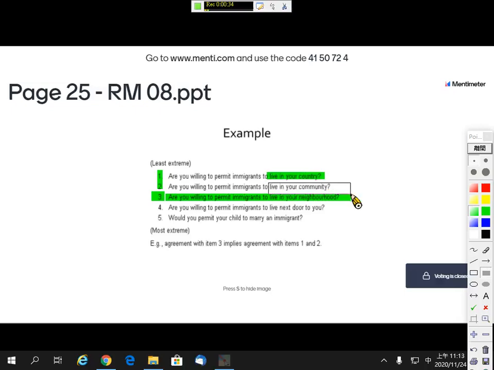Is that right? If you are able to agree to number 4, that you permit immigrants to live next door to you, then in your country, in your community, in your neighborhood should be no problem. Is that right? So this is 1, 2, 3, 4.